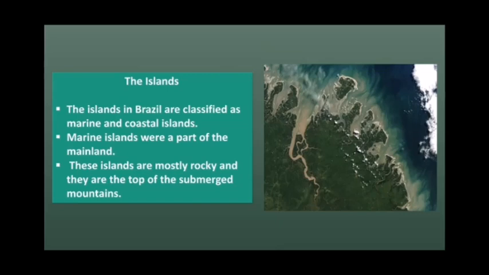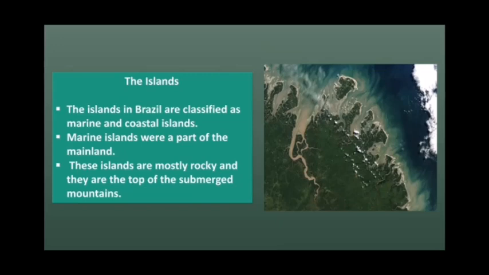These islands are mostly rocky. As we saw in the western coastal region of India, which is rocky, these islands in Brazil are rocky. There are many rocks found here, and they are the top of a submerged mountain.